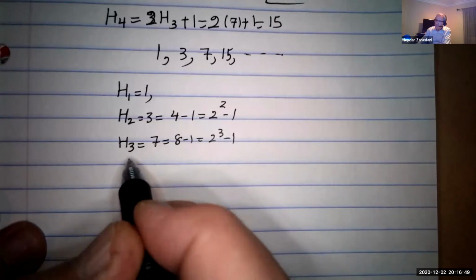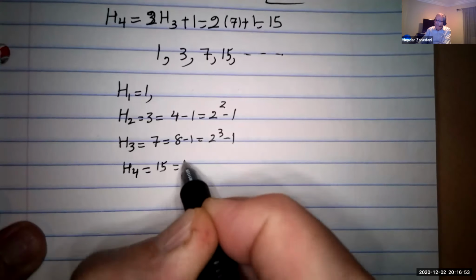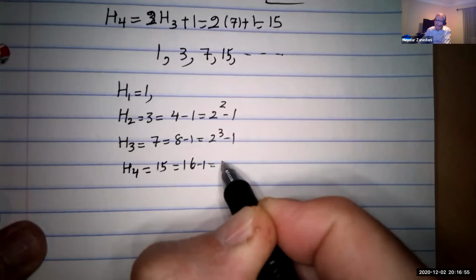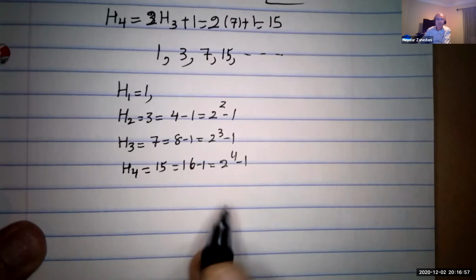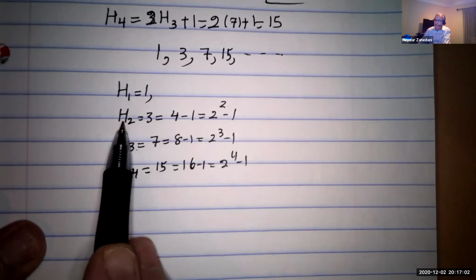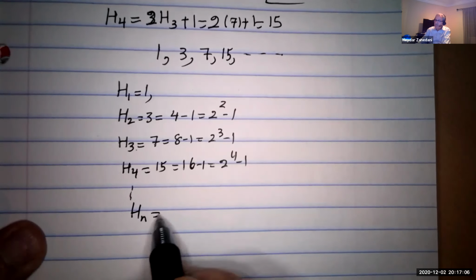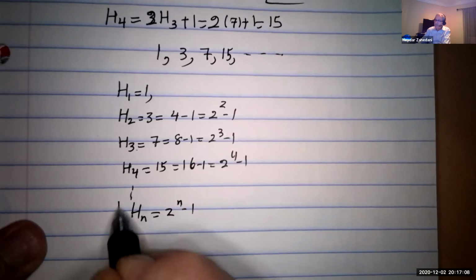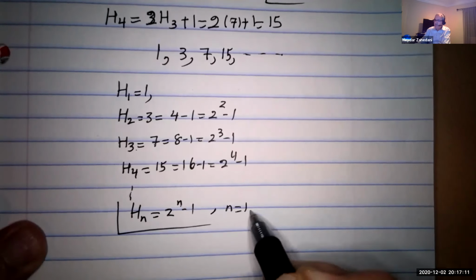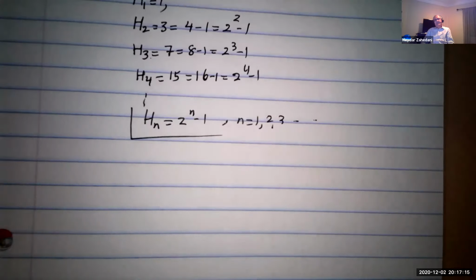H_4 is 15, which is 16 minus 1, which is 2 to the 4th minus 1. So in general, H_n is 2 to the n minus 1, for n equal to 1, 2, 3, etc. So these are going to be the general idea for these type of problems.